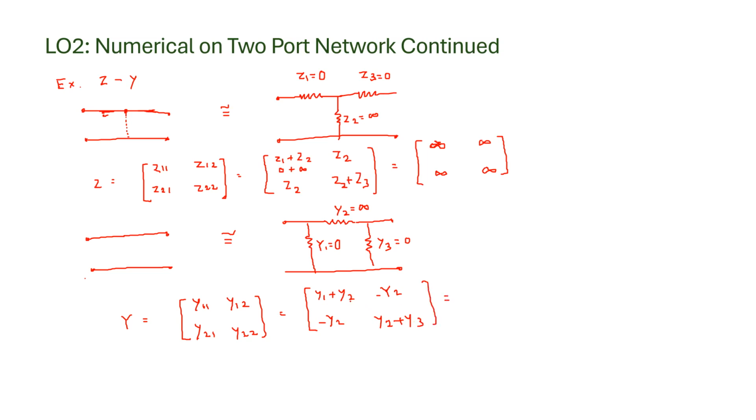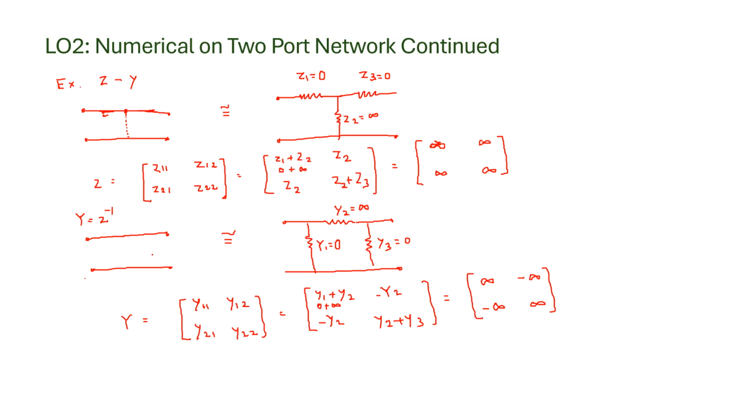Now what is y1 plus y2? 0 plus infinity is infinity. Y2 is infinity, so it is negative of that, minus infinity. And here also you will have minus infinity, and y2 it will be plus infinity. If you use the formula y equal to z inverse, then we will end up in indeterminate form. So we will discard that approach, and we can use this approach to find the y parameters.